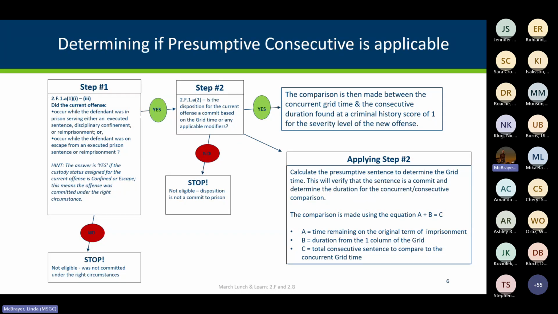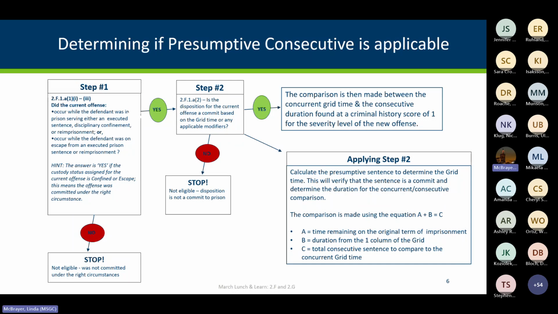There are times it will be automatic, like an assault, and there will be times when it will depend on their criminal history score. That would be something like introduction of contraband. That is not a presumptive commit by definition, only by criminal history score. So if they have committed an offense that was not an assault, and when you do the worksheet, their criminal history score does not have them in the presumptive commit part of the grid, they're not eligible either.